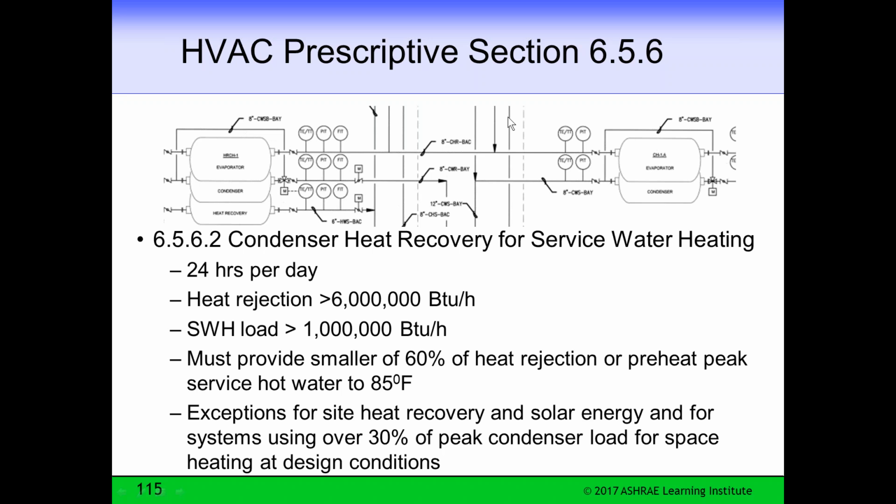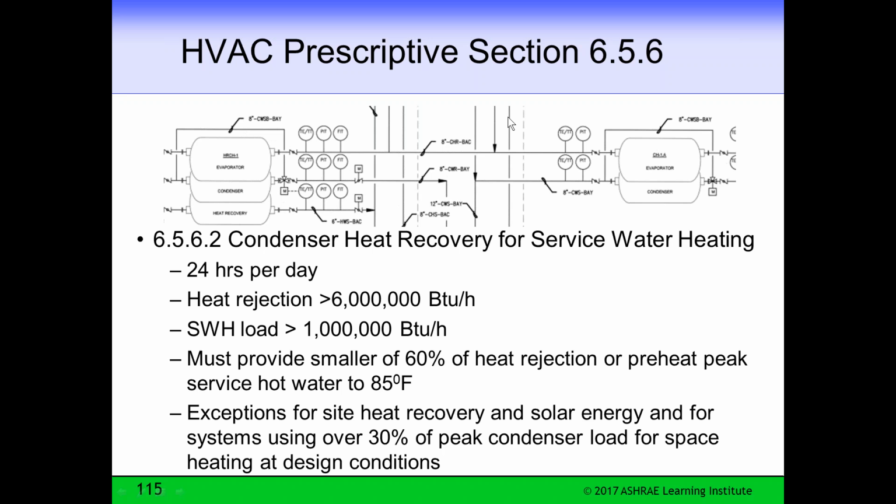So you're either going to use up 60% of your heat rejection, or you're going to heat the water up to 85 degrees using service water heating. There are exceptions for site recovery and solar energy that are used, and for using over 30% of the peak condenser load for space heating at design conditions.